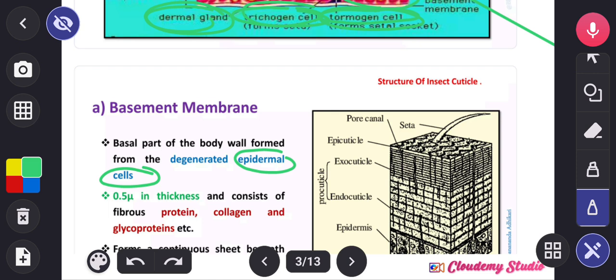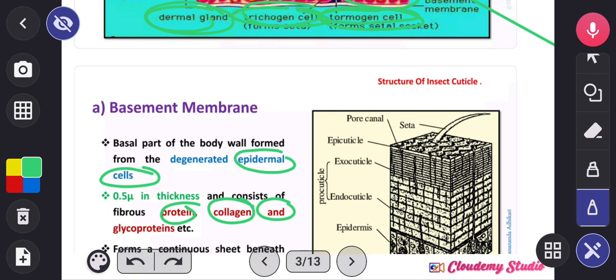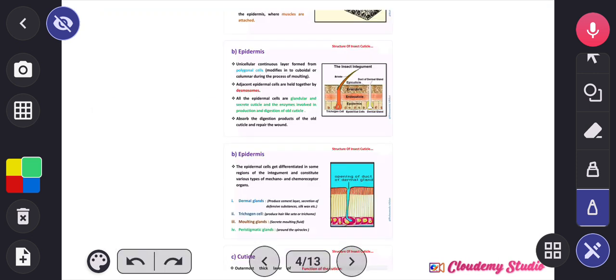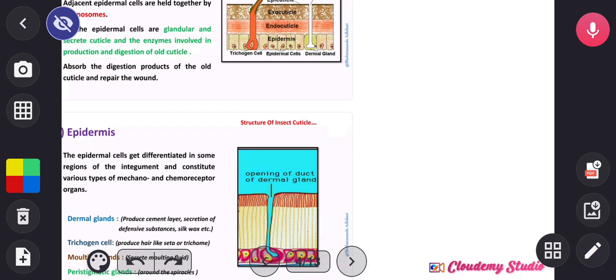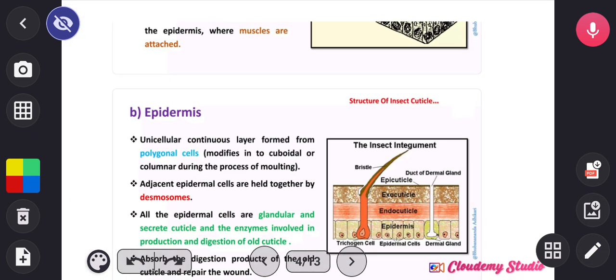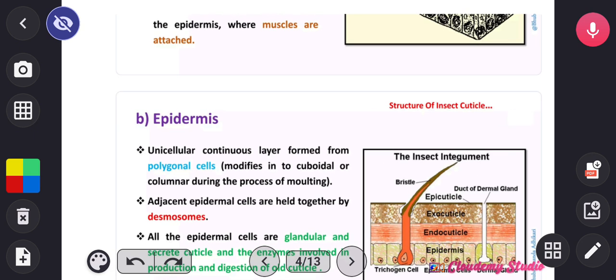It consists of protein, collagen, and glycoprotein, and forms a continuous sheet beneath the epidermis where the muscles are attached. That is what the basement membrane is.